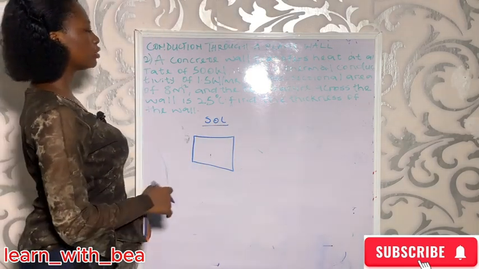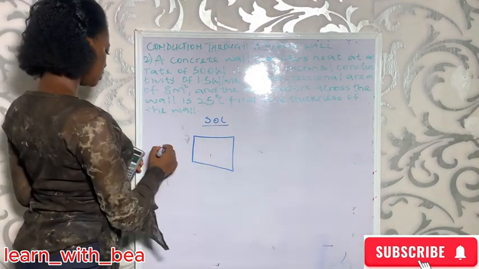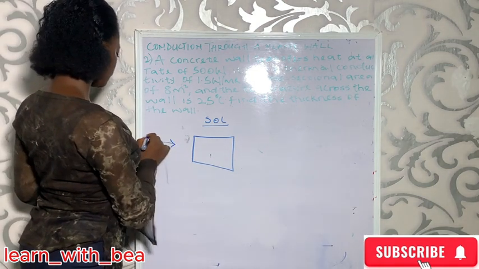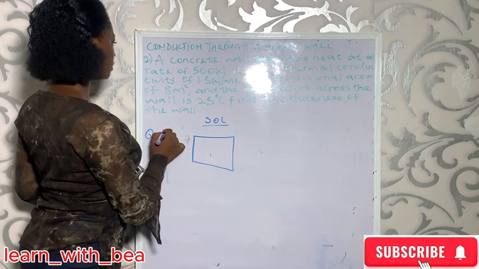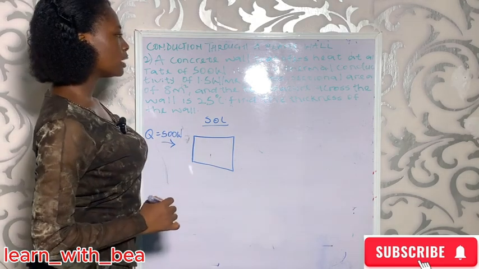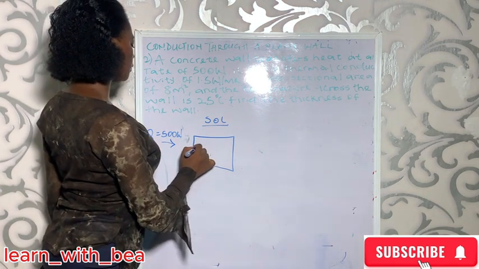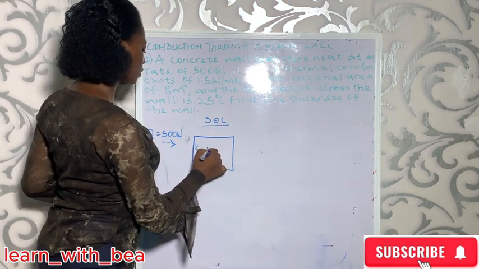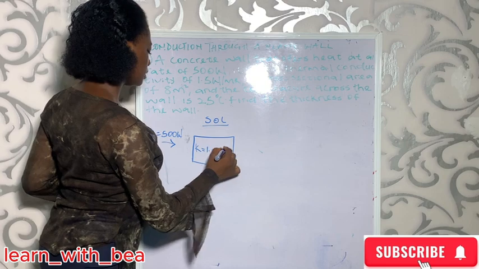A concrete wall transfers heat at a rate. So let's say the heat transfer, it transfers across at the rate of 500 watts. It has a thermal conductivity, which is K, of 1.5 watts per meter Kelvin.